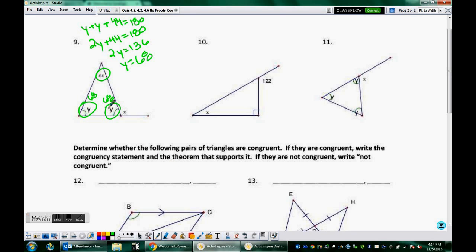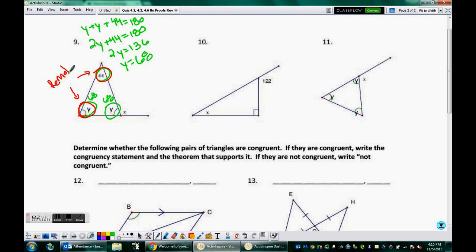One way is that the 68 degrees and the x here are a linear pair, so they have to add up to be 180 together. The easier way, remember that the 2 remote interior angles, this was from, I believe, 3.5.